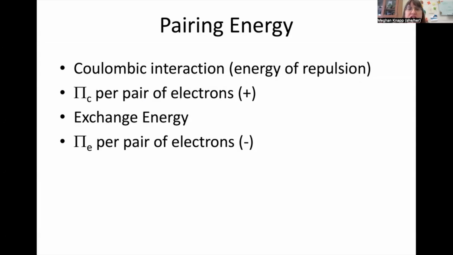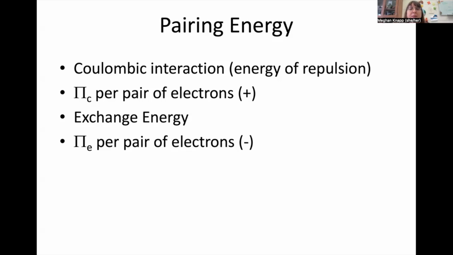Pairing energy is just that repulsion that is between our two electrons that are in the same orbital. All right. Remember that a negative energy is more stable and a positive energy is less stable. So pairing energy on an electron actually destabilizes it, kind of raises it up in energy.